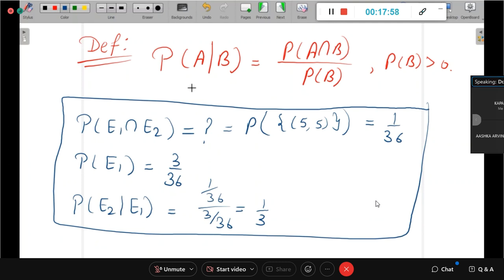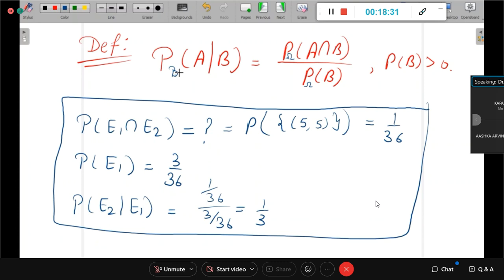Now another important thing here is this definition of probability, which is a new definition. Conditional probability is again a probability function. The one on the right side is the probability which is already defined on omega, depending on the sample space omega.